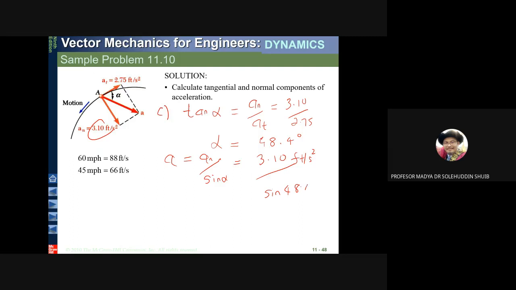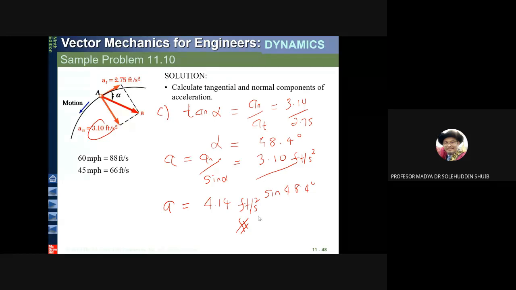Therefore, the acceleration is equal to 4.14 feet per second square. This is example 11.10.